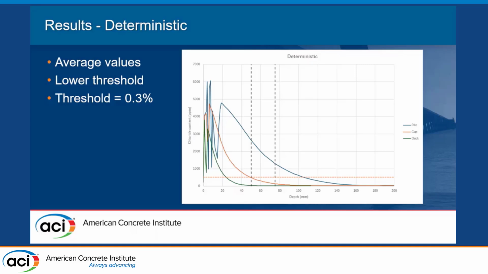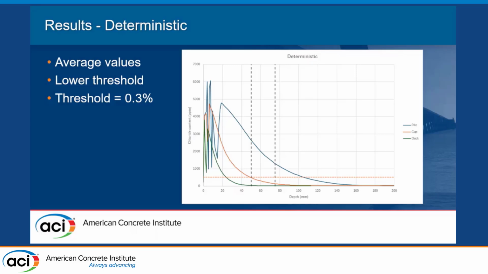Deeper than that, it would be okay. We're very close if we put the bars at 50 millimeters for the cap, but we still don't have corrosion. And in that case, I may be close because I set the threshold at 0.3%. If I had used 0.2, for example, it would be different. But we're in that region. So 75 millimeters is a bit safer for the cap.